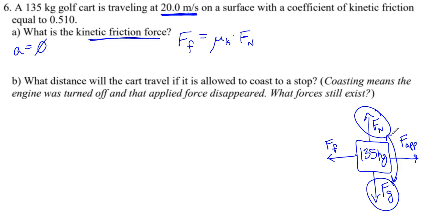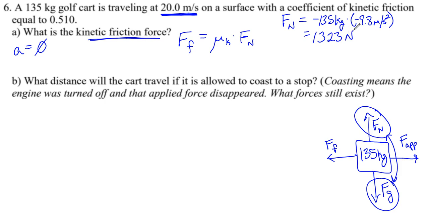Okay, so to figure out the normal force, we take the negative mass, negative 135 kilograms, times negative 9.8 meters per second squared, to get a normal force of 1,323 newtons.